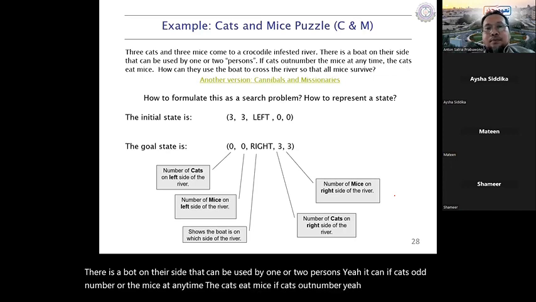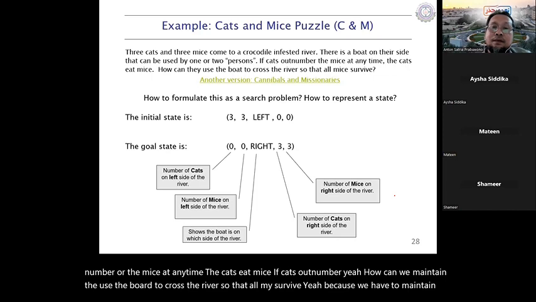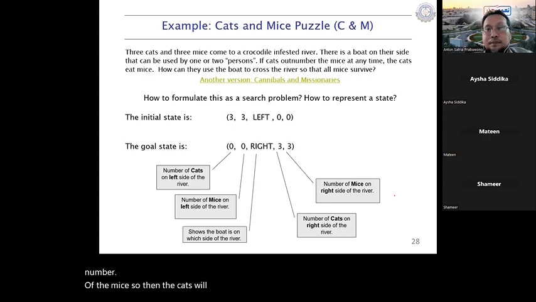How can we use the boat to cross the river so that all mice survive? Because we have to maintain the balance between the cats and the mice. If the cats are more than the mice, then the cats will eat the mice, and that is the condition or the scenario.